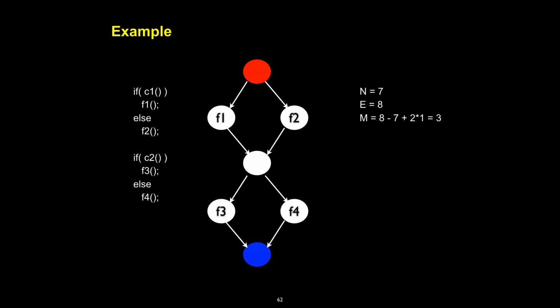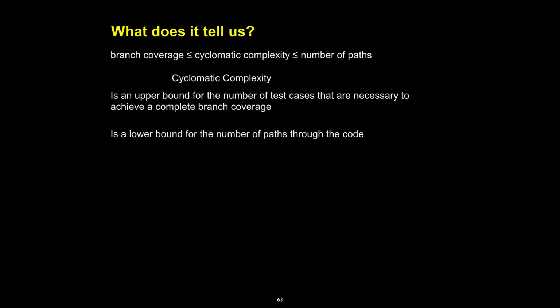Right? And if it was just a straight line, then the number of edges would be the number of nodes, right? And so it'd be smaller. And so it does several things, right? The higher the number is, the more complicated the method's going to be. And this complexity number is larger than the number of branches you need to cover, but it's less than the number of total paths through the code.